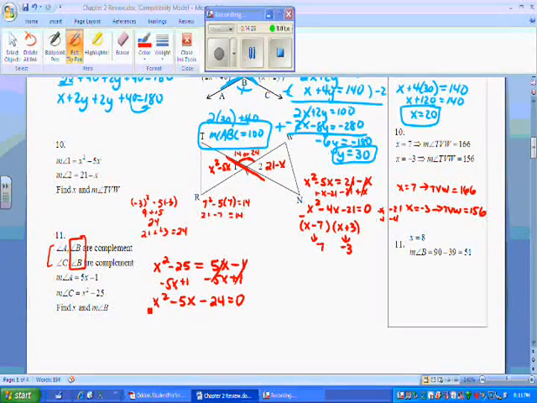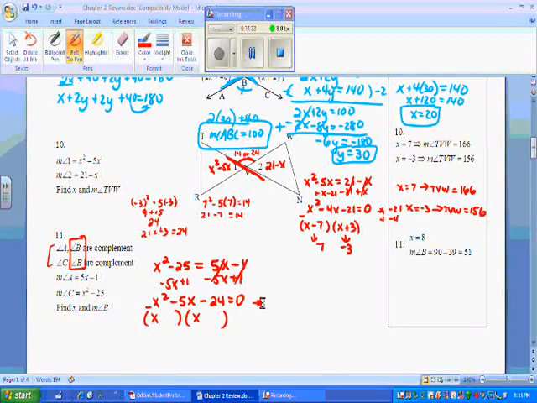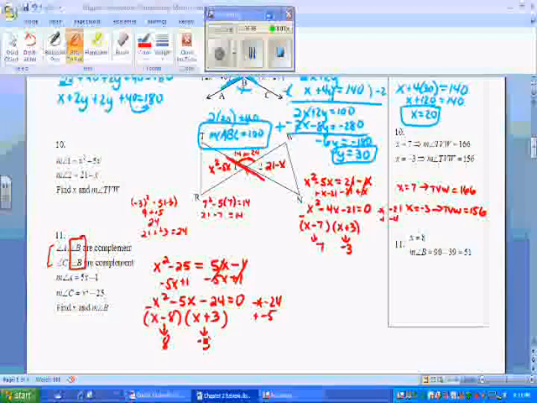This is what we need to factor. Leading coefficient of 1, great. So we got x and x. We multiply here, so it multiplies to negative 24, but adds to negative 5. Think of the two numbers, negative 8 and positive 3. So this answer is 8. This answer is negative 3. Make sure they both work.